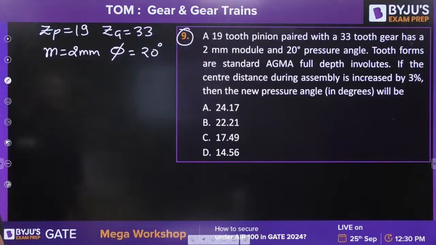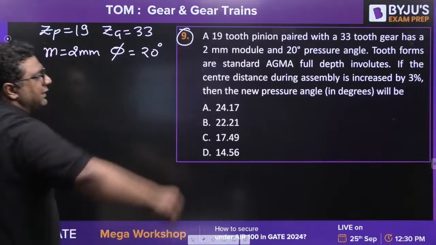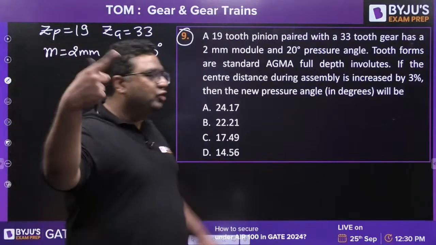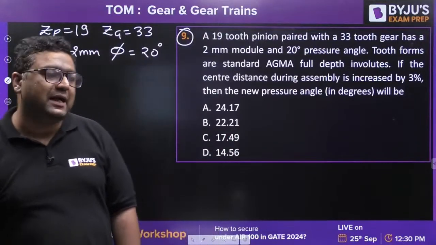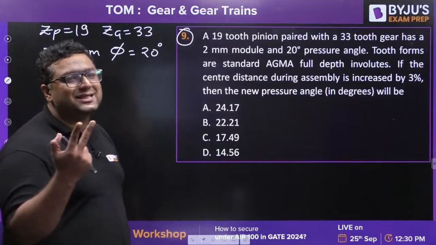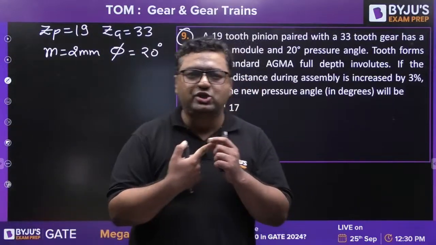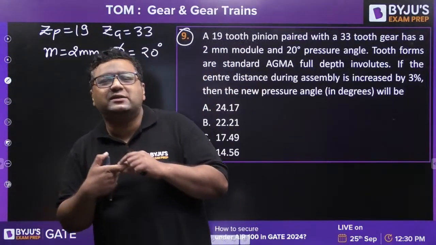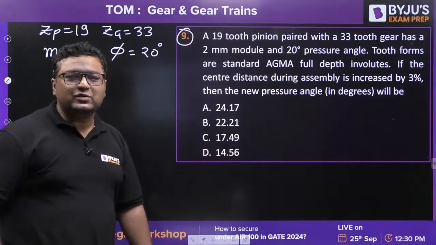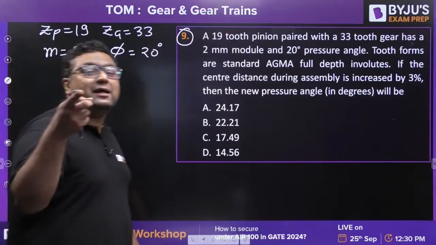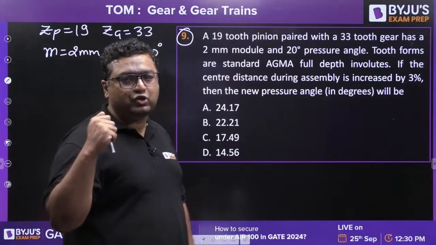If the center distance during assembly is increased by 3%... Shubham, you were asking for this type of question. 3 to 4 students have said, sir, solve 2 cases: one is the effect of vibration, the other is the concept of fixing torque. So this is the very first type out of those 2. The second will also come. And the line diagram was a special request.